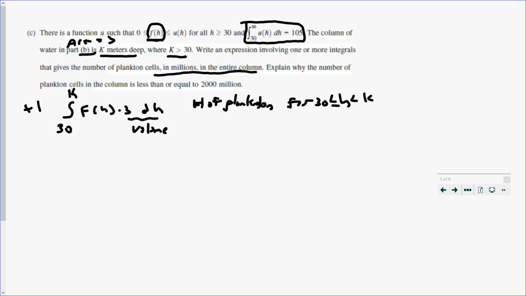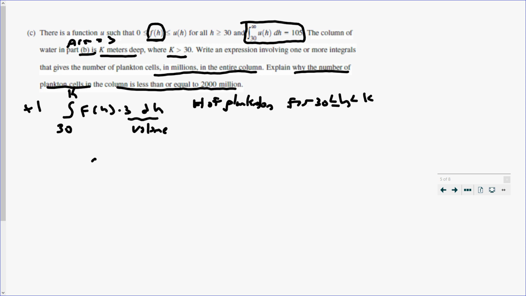Now they say, explain why the number of plankton cells in the column is less than or equal to 2,000 million plankton. In other words, use this to show why the number of plankton will never be more than 2,000 million. Well, in order to answer this, we need to find out how many plankton we are ever going to have in total. And that's pretty easy.